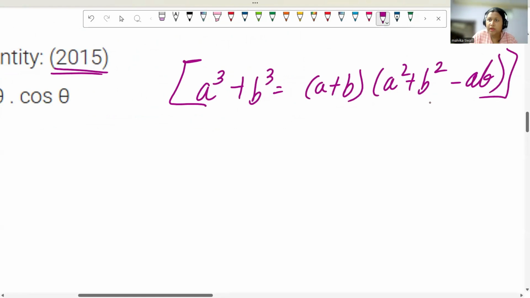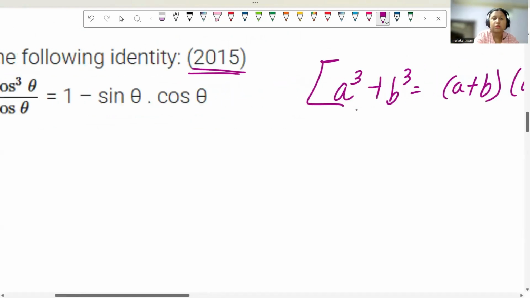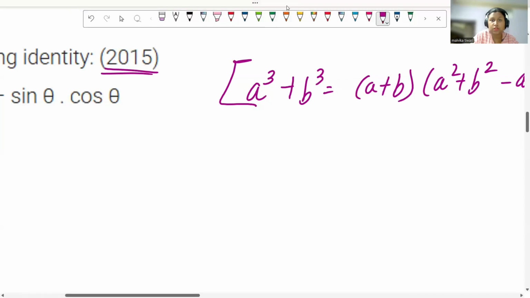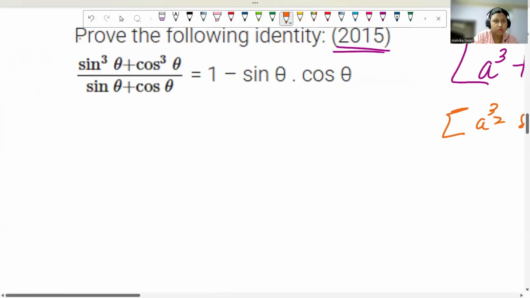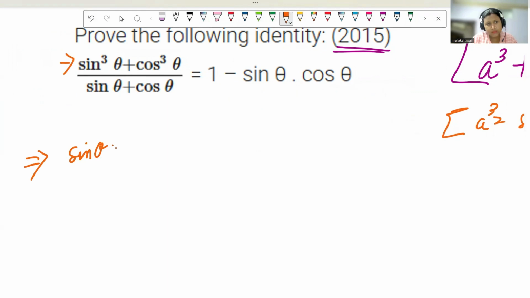This is the formula that we need to remember here, because when we are trying to substitute it here, a is sine theta, so a cube is sine cube theta, b cube is cos cube theta. Okay, so we are going to substitute it over here. So sine theta plus cos theta.